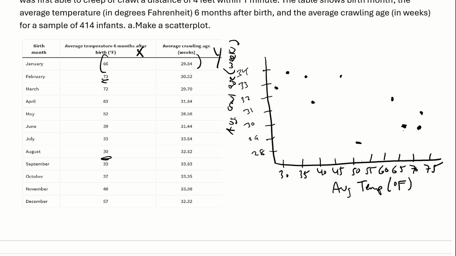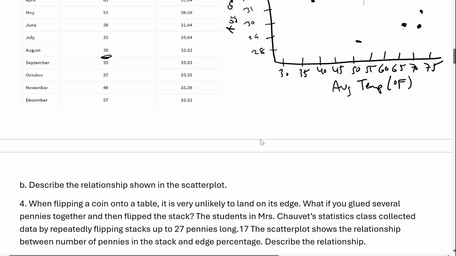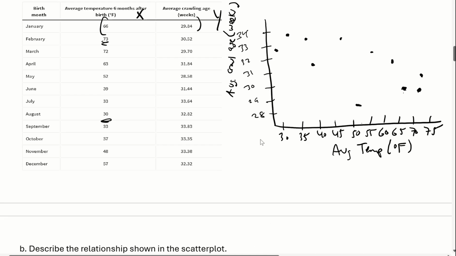And then 57, 32.32. All right, and there is our scatter plot, okay? That's it, so you're just graphing the dots, know which one is on the x-axis, y-axis, and then do your scale, all right? Okay, so describe the relationship shown in the scatter plot.